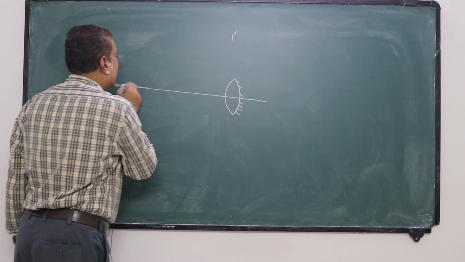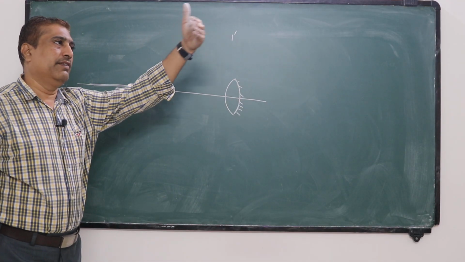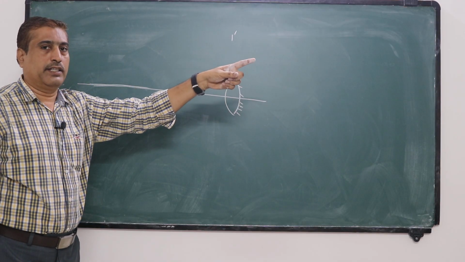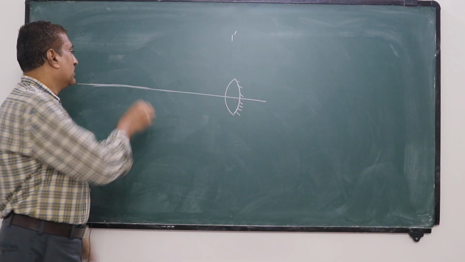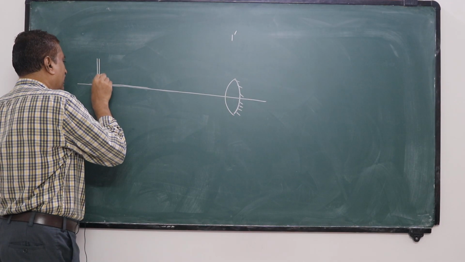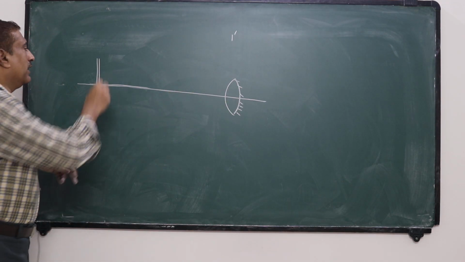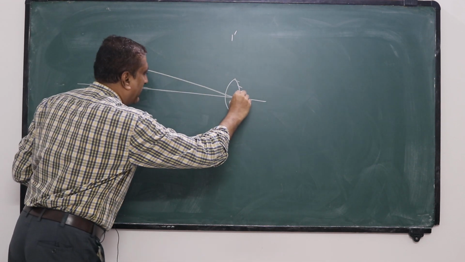We have already discussed in the case of optical instruments that if an object is at a very large distance from our eye, then the angle subtended by that body at our eye is very small. So if we consider two bodies like this, very close to each other, which are far away from our eye, they subtend an angle like this.